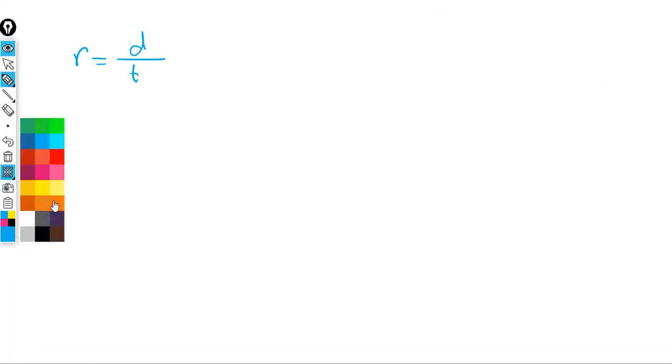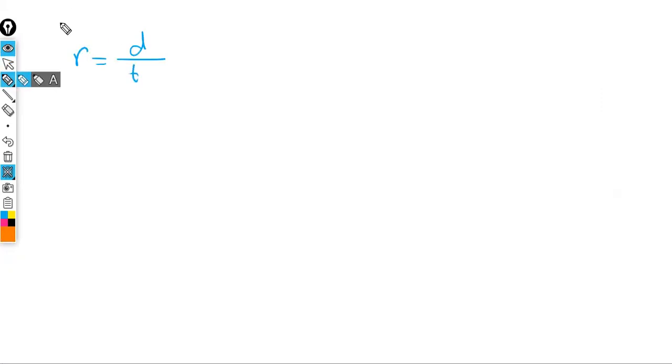Actually, the first rule we will talk about is R equal D over T. This is the basic form to find the rate, where R is the rate of changing anything, change an amount over time.